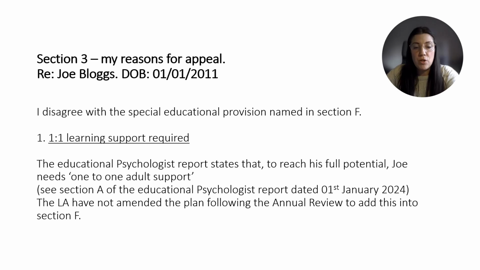The educational psychologist report states that to reach his full potential, Joe needs one-to-one adult support. It again links it to the educational psychologist report dated the 1st of January to say see section A of that report, and goes on to say the local authority have not amended the plan following the annual review to add this into section F.